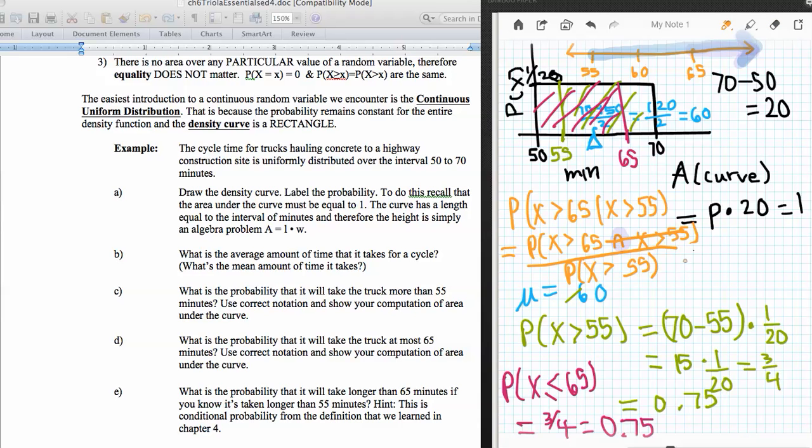So my probability of being greater than 65, well, that's 5 in there, right? So that's 5/20ths, and 5/20ths is 1 over 4, and then it's divided by the probability of being greater than 55, which is 3/4.